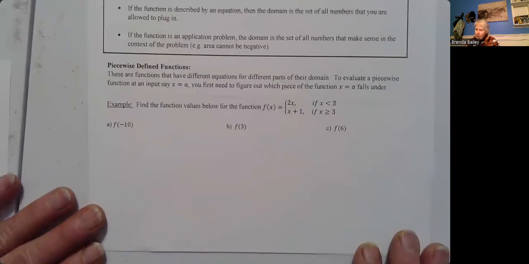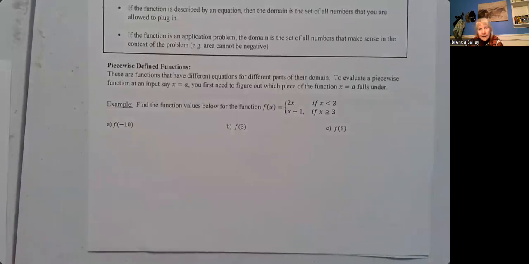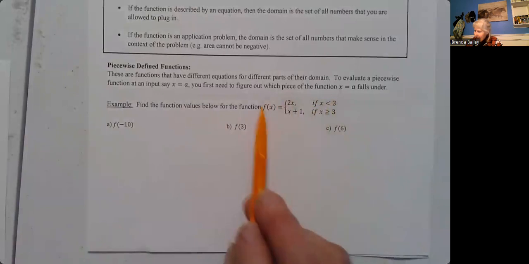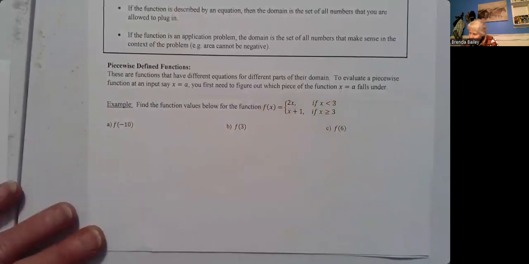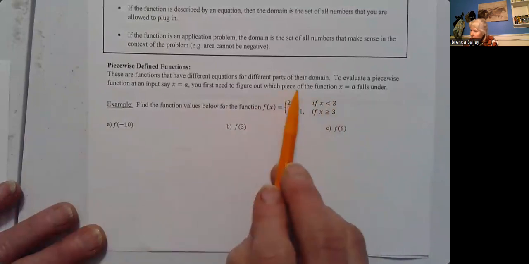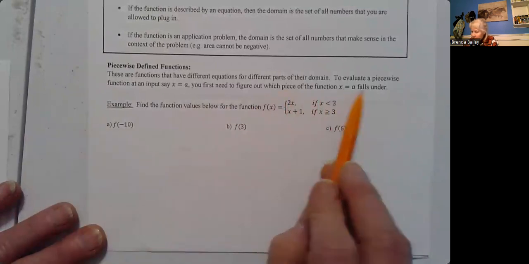Okay, the last thing we're going to look at is what's called a piecewise defined function. This is an example, and it looks harder than it is. These are functions that have different equations for different parts of their domain. To evaluate a piecewise function at an input, say, of x equals a, you first need to figure out which piece of the function x equals a falls under.